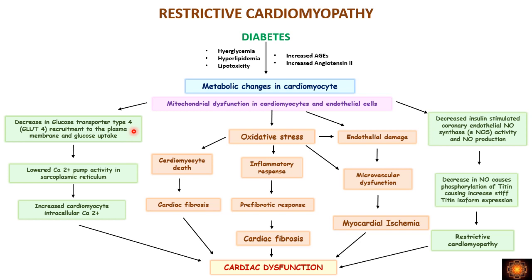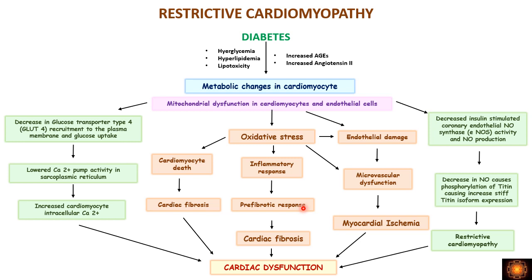So there is a decrease in the intake of glucose, and along with that there is a lowered calcium pump activity in the sarcoplasmic reticulum. Because of this, there are increased calcium levels in the cytoplasm causing damage to the cardiomyocyte. Not only that, this also causes oxidative stress, which can directly cause damage to the cardiomyocyte, causing their death and later on fibrosis, or they can also produce an inflammatory reaction, and as I told you, the inflammatory reaction produces growth factors also.